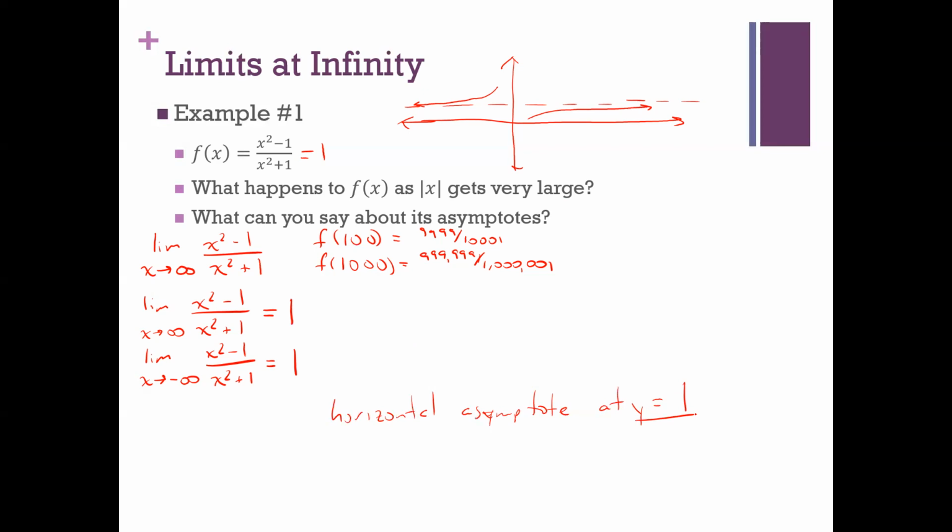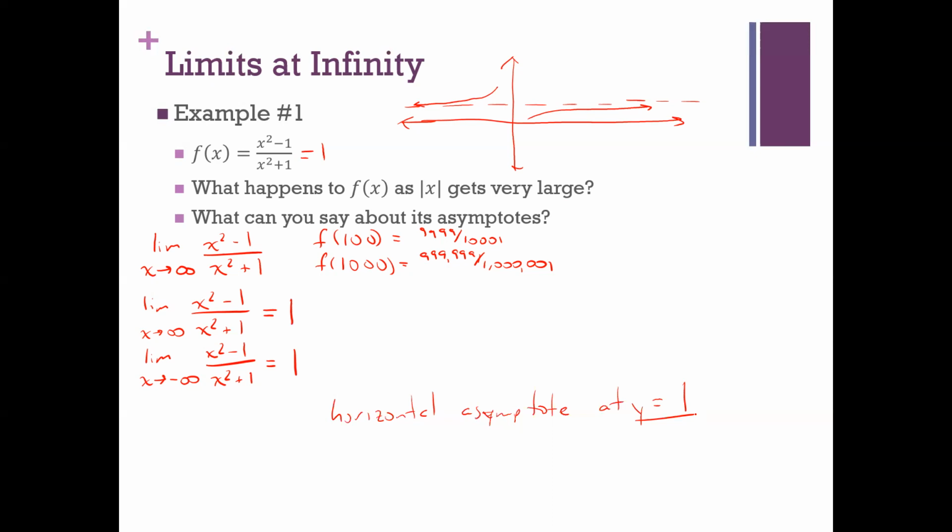Do I have any other horizontal asymptotes? Nope. I just looked at what happens when x gets very, very far away from 0. And I only found, how many limits are you going to find? So yeah, when you look for a limit, you're going to find one limit, or you're going to find that it doesn't exist, right?